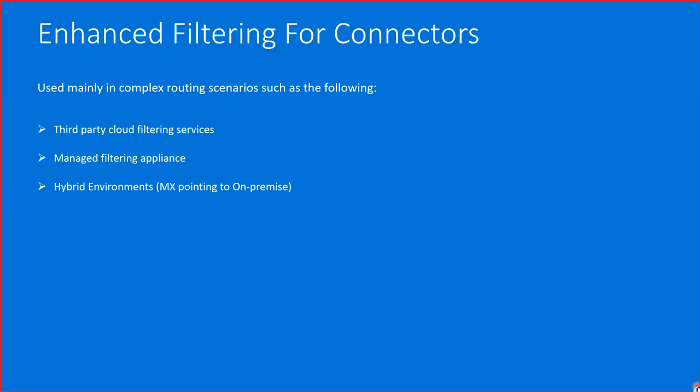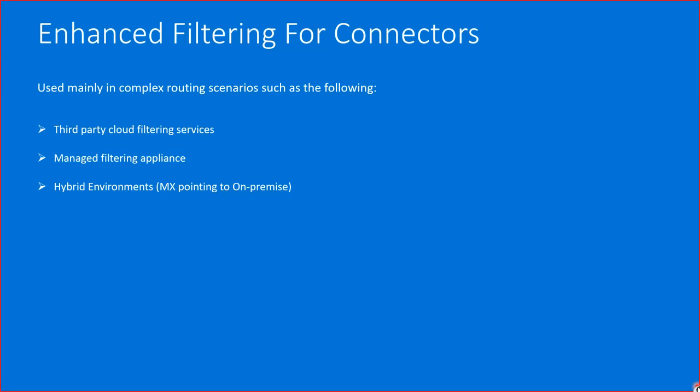And we also have scenarios where you've got the hybrid environment, and we have pointed the MX record to the on-premise environment instead of updating it to Exchange Online. The recommendation for Office 365 is to always point the MX to Exchange Online Protection rather than anywhere else.